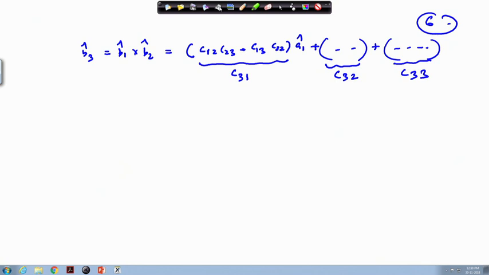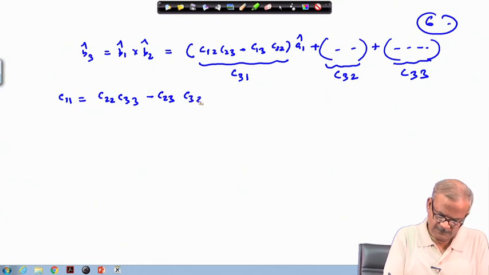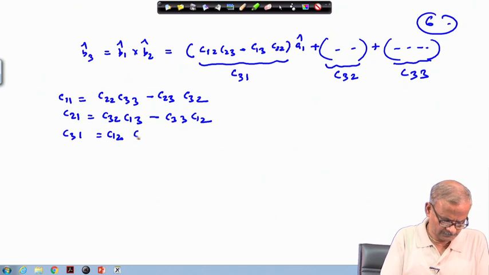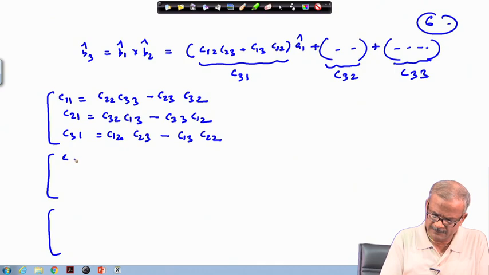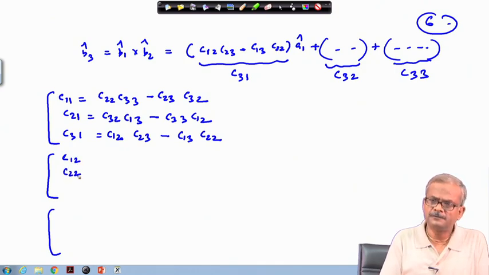So, this says that if you form a matrix like this, you will get something like this, C 22, C 33 minus... So this is one set. Similarly, you will get the second set and the third set: C 11, C 21 and similarly here you get C 12, C 22 and C 32.